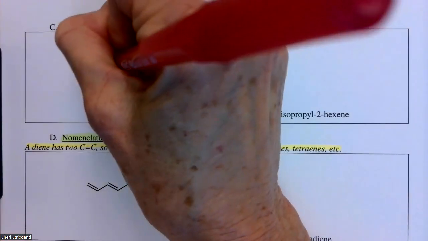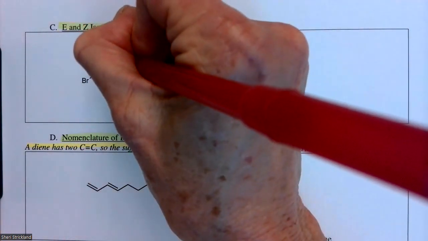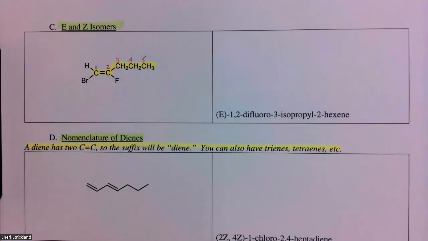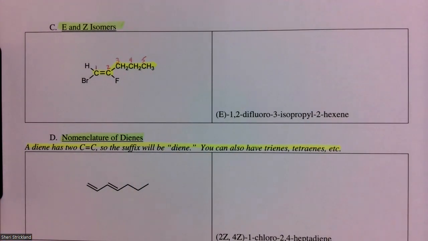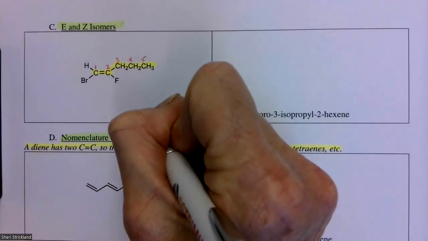That means we're going to give the two sp2 carbons the lowest possible numbers, because we don't have any functional groups of higher priority. And so you can see that this is a 1-pentene. I'm going to build this name from right to left.